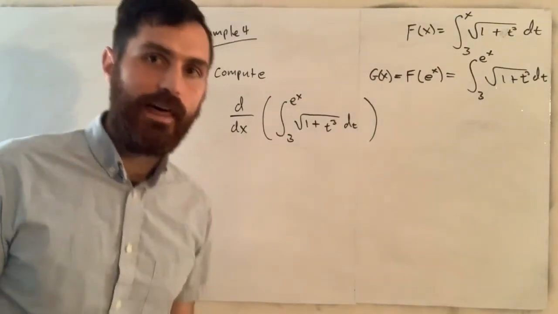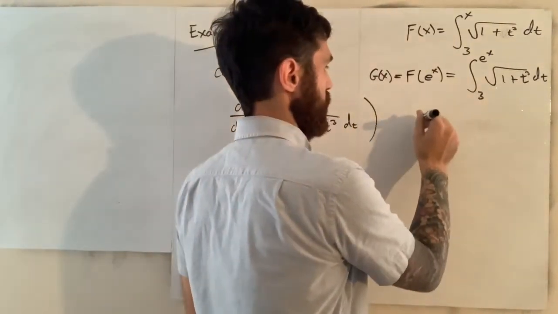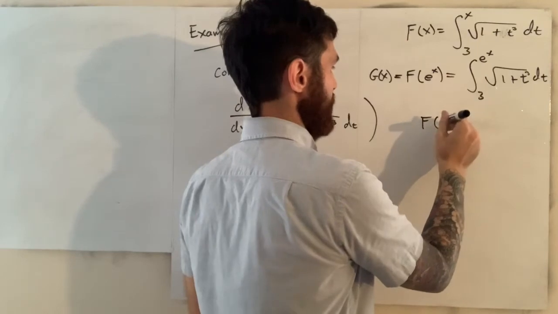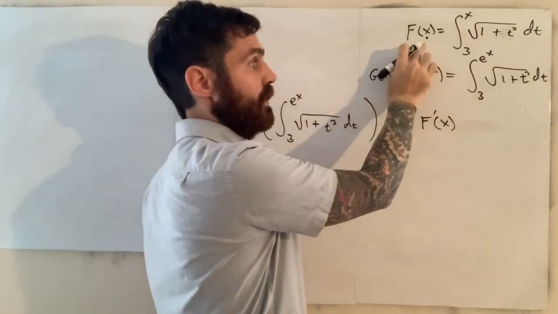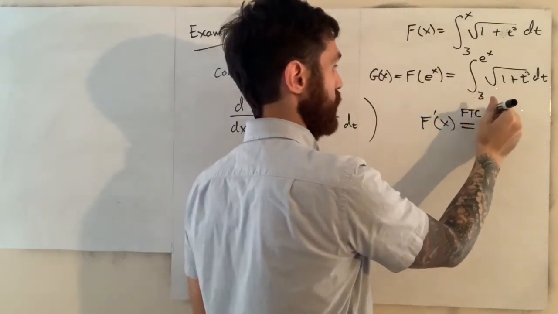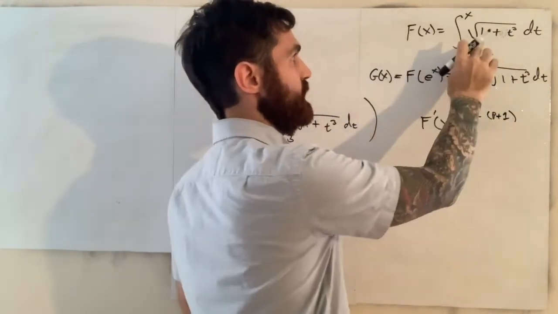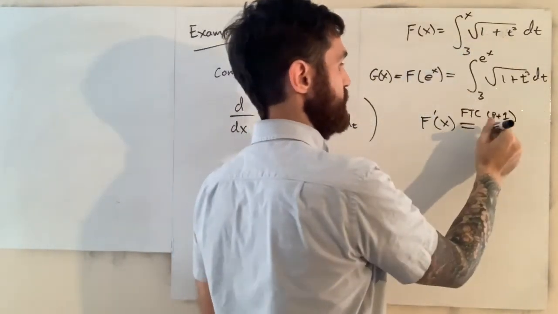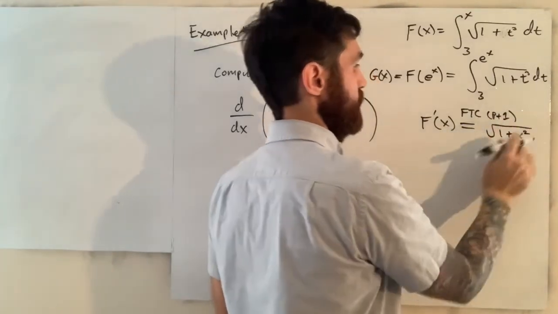But we don't need that, because we know that if I take the derivative of big F, by the fundamental theorem of calculus part 1, what we should get is the function inside the integral.